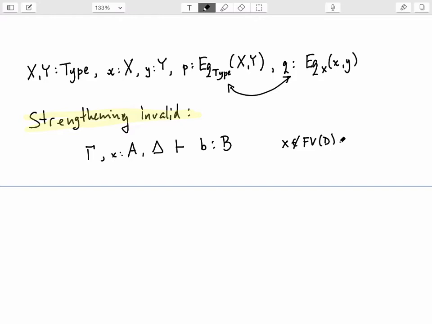So it does not appear here, it does not appear here, and it does not appear here. It's never used. Okay? You want from this to follow then the following to be derivable as well. You just throw away x.